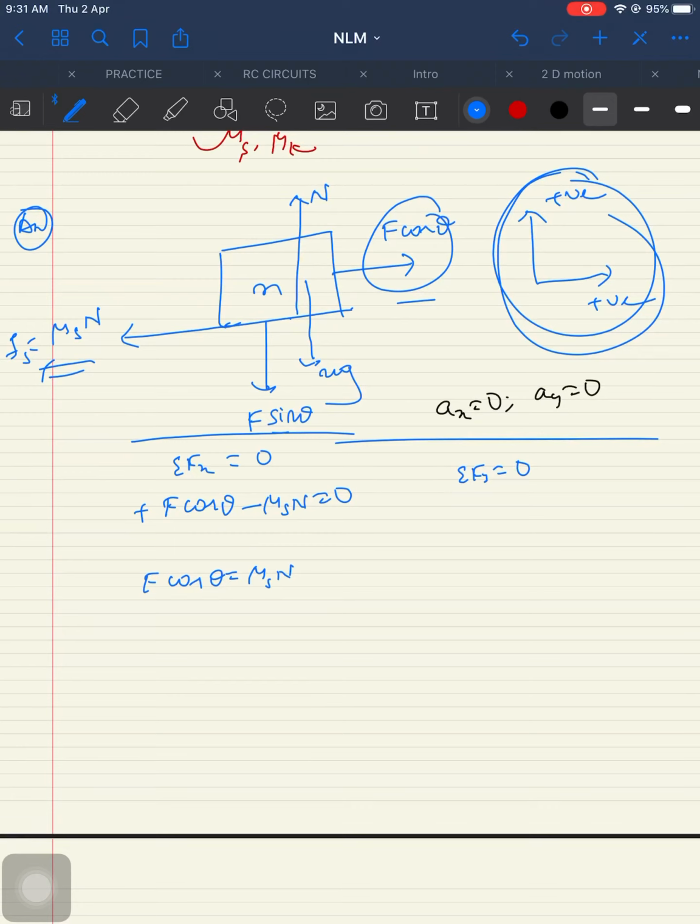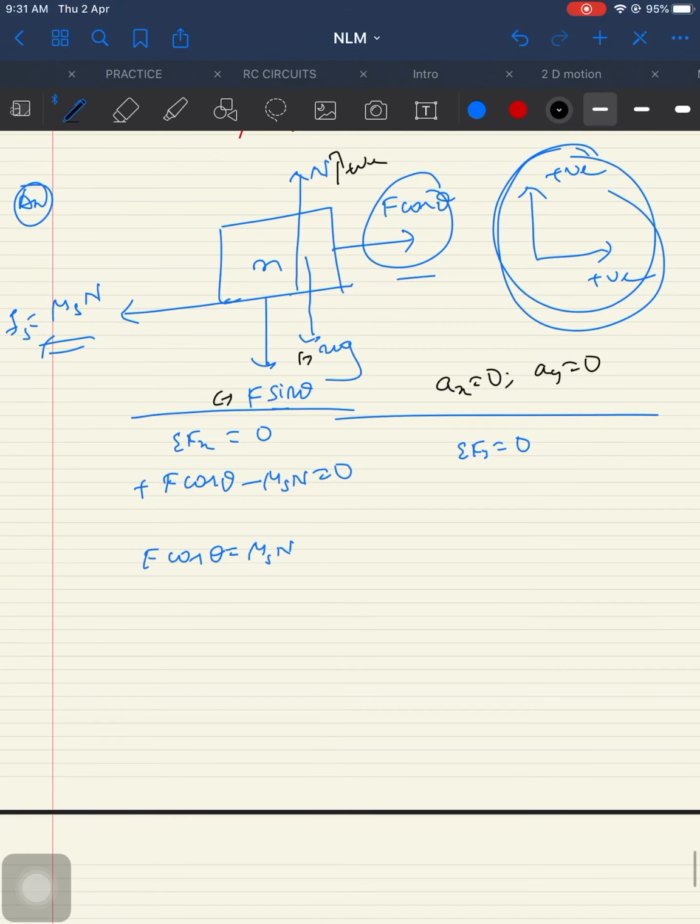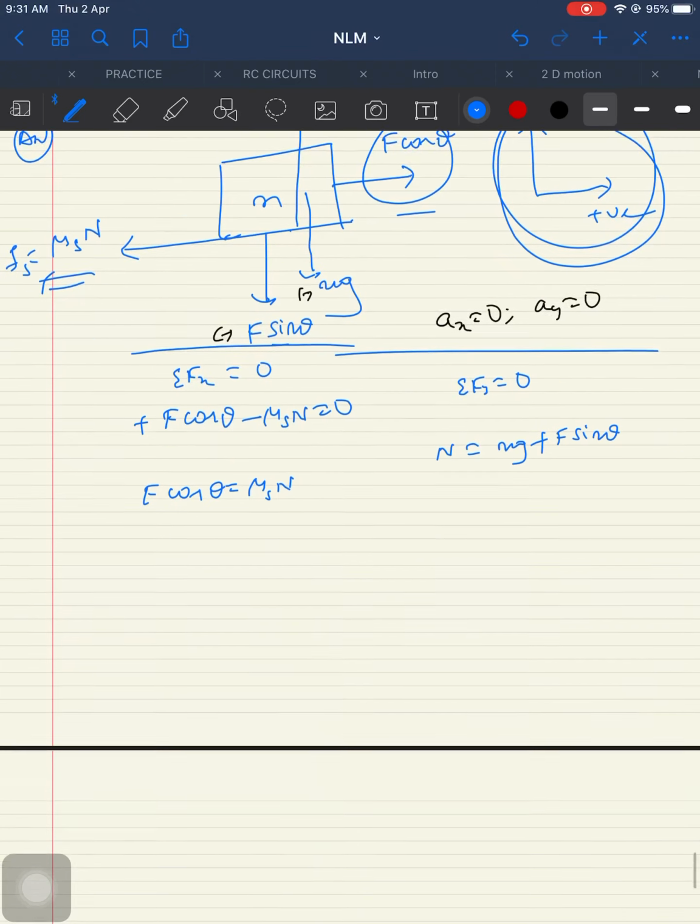N is in the upward direction, so N is positive. Mg is in a downward direction, negative. F sin theta is in downward direction, negative. Upward force is equal to downward force, so N is equal to mg plus F sin theta.